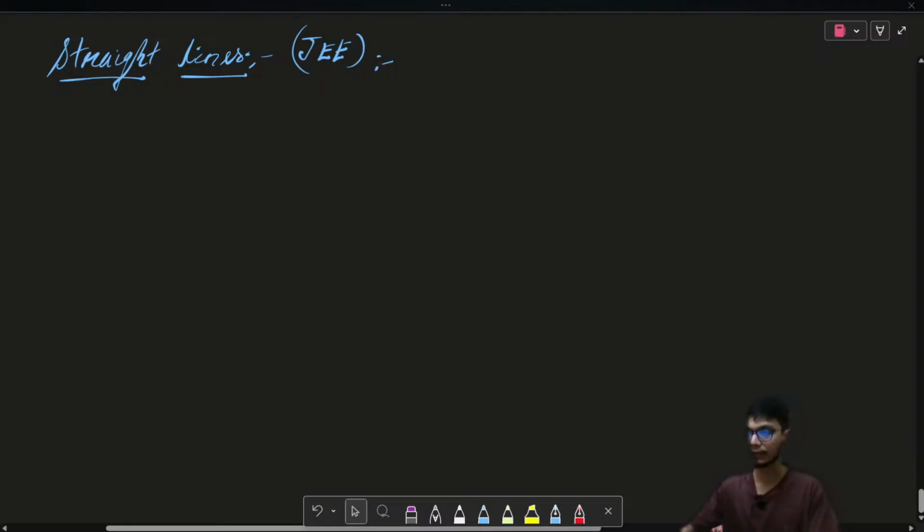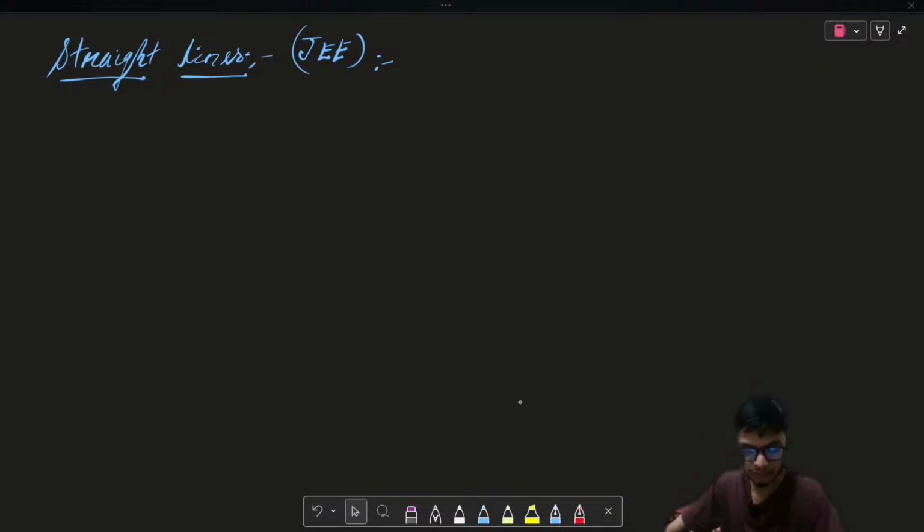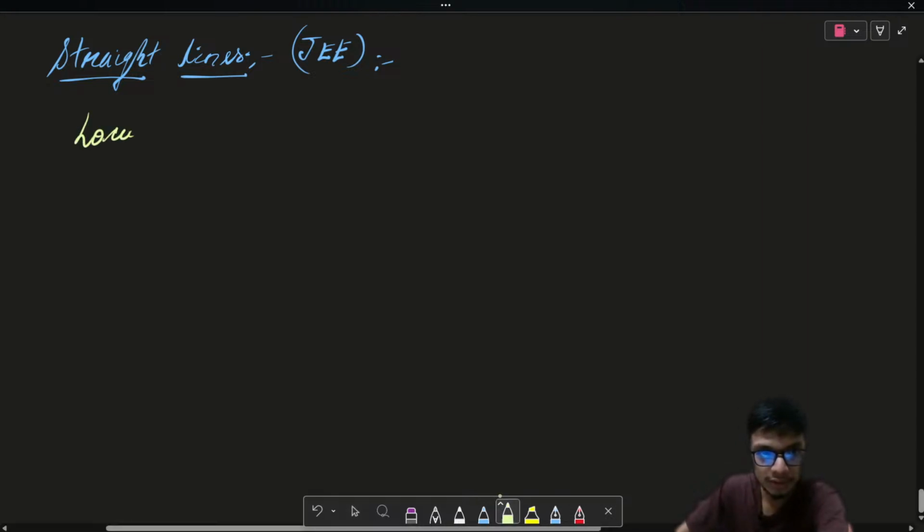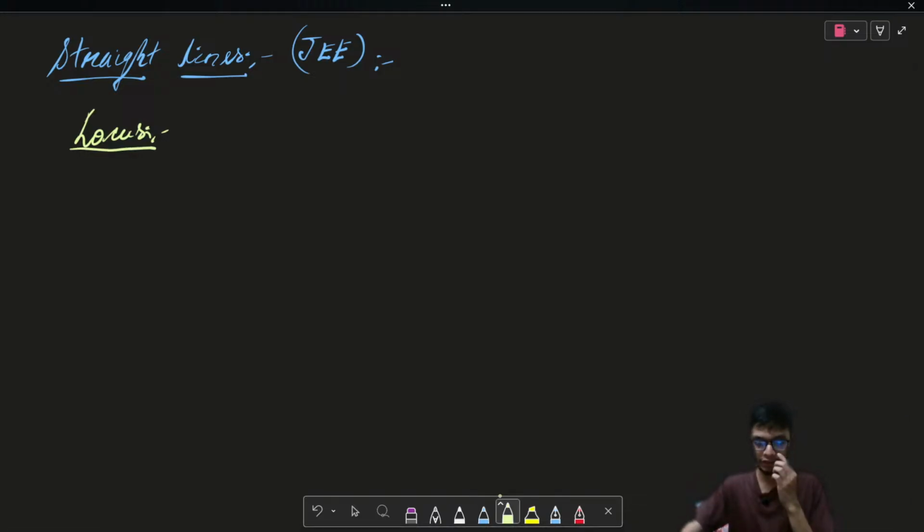So as I start today, let me first of all quickly discuss the important topic of locus, right? So what is basically meant by the word locus, right? Now, in coordinate geometry, you will always be coming across this particular term called locus, right?